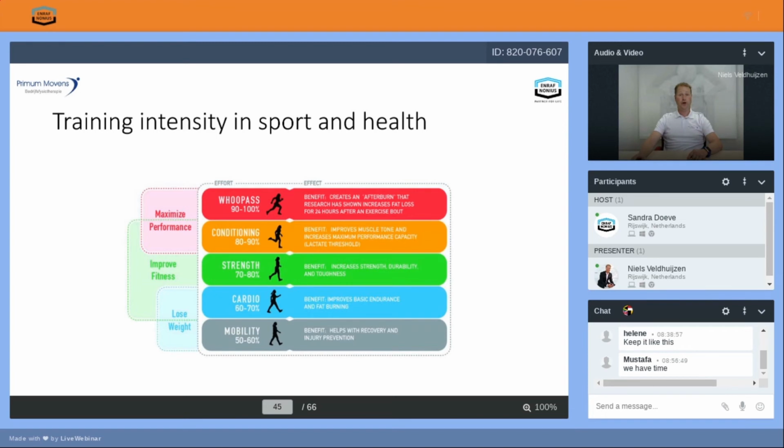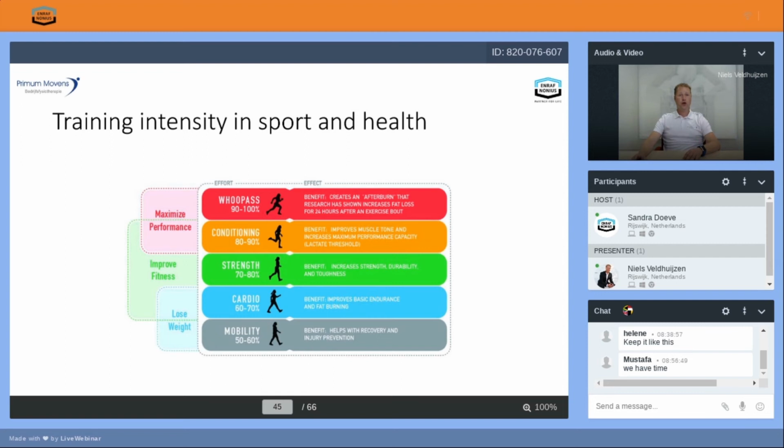Benefits are help with recovery and injury prevention. It's about a 50 to 60% effort they put in here. When you look at it from a fitness perspective and sport perspective, these are intensities that you work with when you want to lose weight, for example, but that's not specifically a physiotherapeutic goal, I think. Now it can be when you talk about prevention, but that's another discussion.